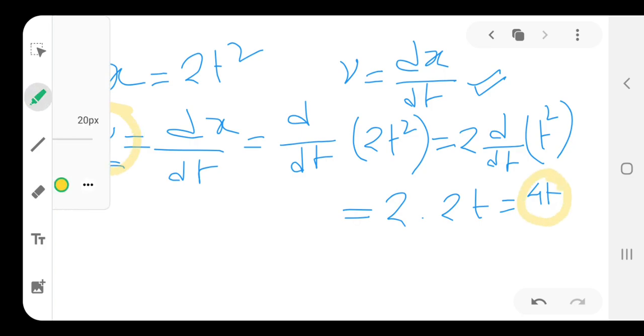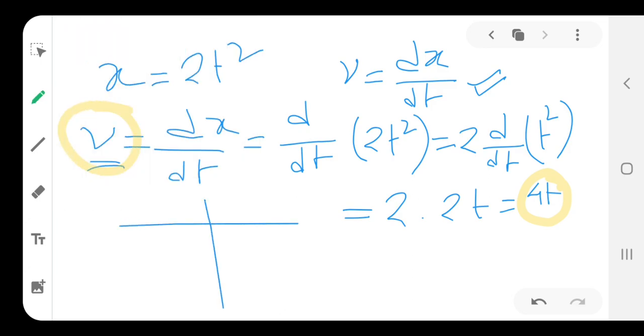My god, that means if we take the values, at t equal to 0 it will be 0, t equal to 1 this will be 4, t equal to 2 this will be 8. So my velocity is also increasing in this case, right?